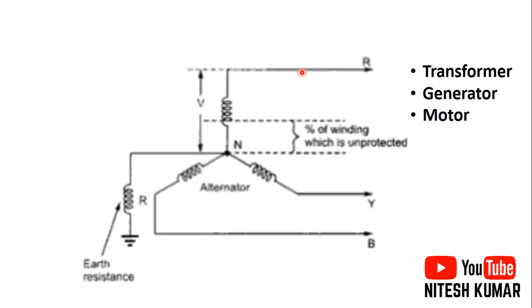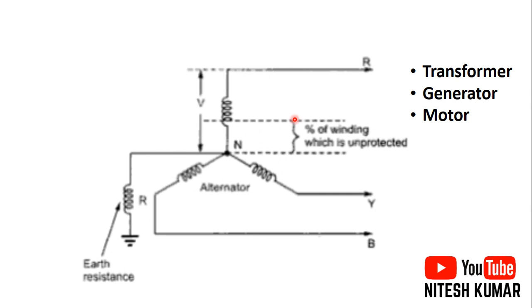But if the fault occurred in the winding just near to the neutral point, in that case the angle of that phasor current will not change that much, so that your differential protection relay can sense it and operate. So that left 15% of the winding is unprotected.